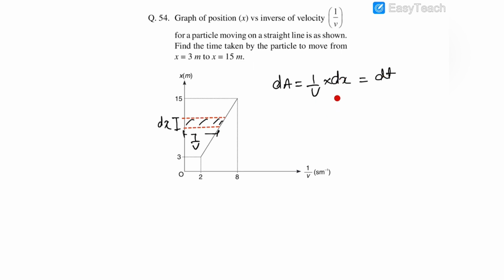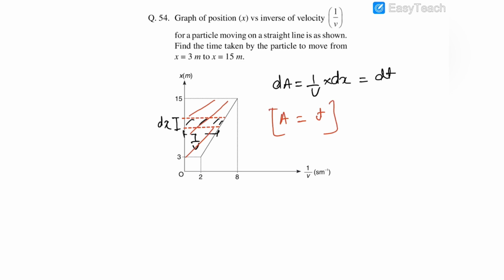So we can say that the complete area A of this graph bounded with the y-axis would represent the time.